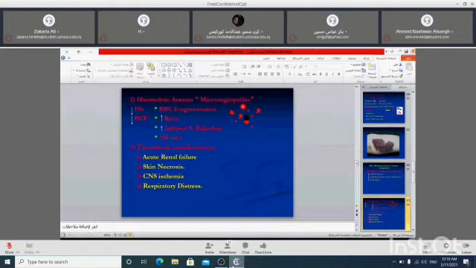So in DIC we have a bleeding manifestation, which we mentioned is due to low platelets, low coagulation factors, and increased fibrinolysis. We have hemolytic anemia, which we call microangiopathic hemolytic anemia, and we mentioned the cause with features of intravascular hemolysis.